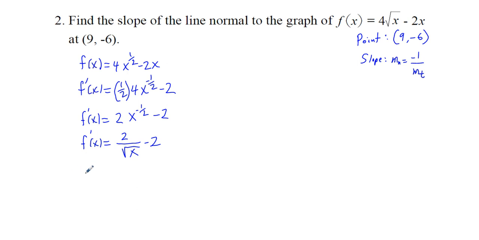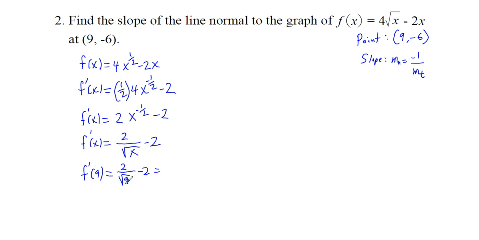And so now we can substitute in the 9. So we have f prime of 9 is equal to 2 over square root of 9 minus 2.